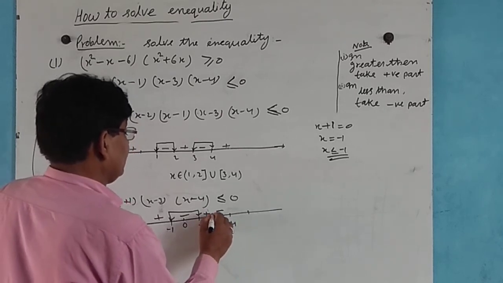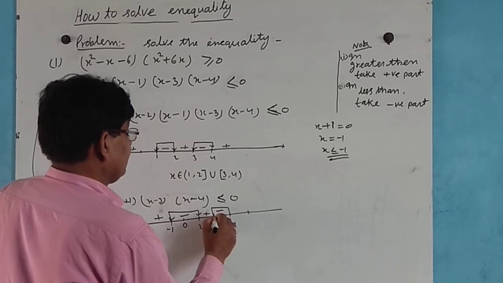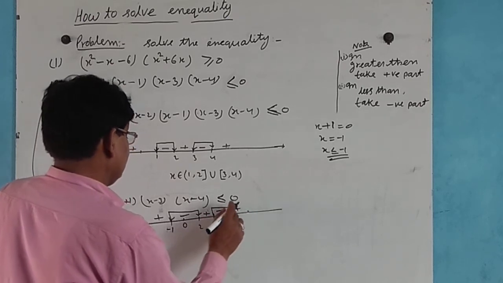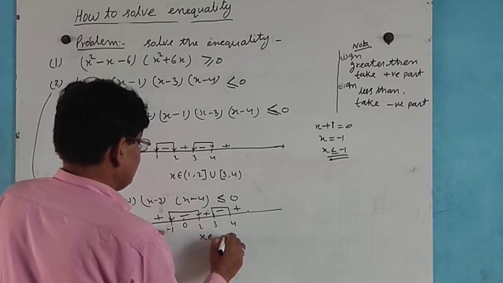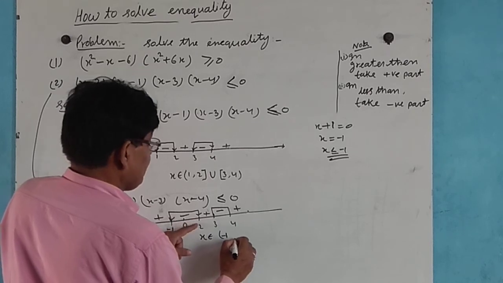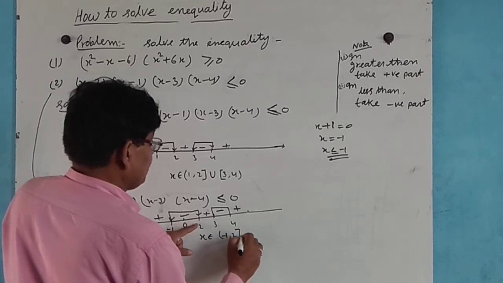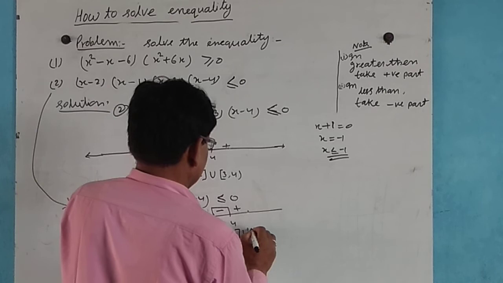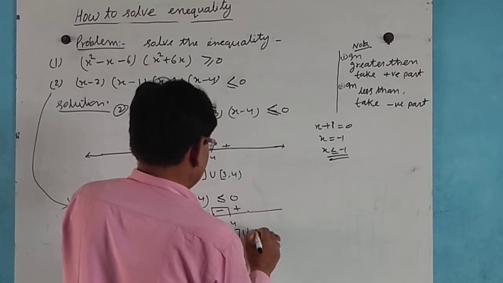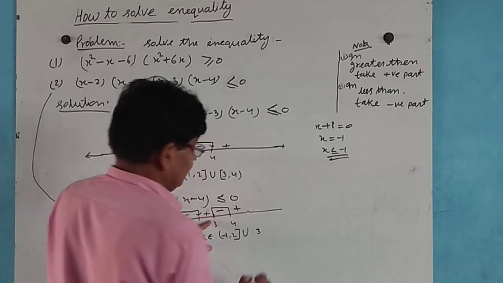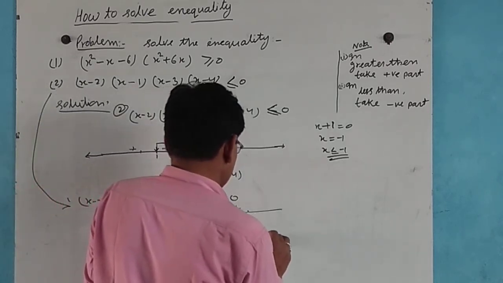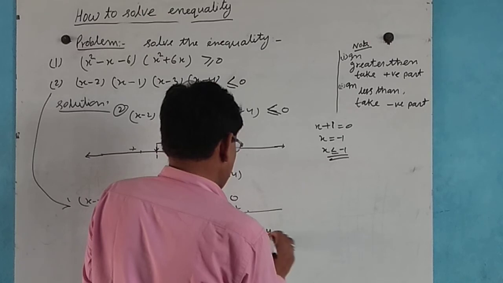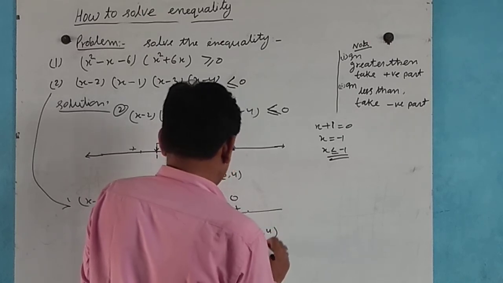Now in this case we take the negative part, this is also plus, and here x belongs to minus 1 to 2, union 3 to 4.